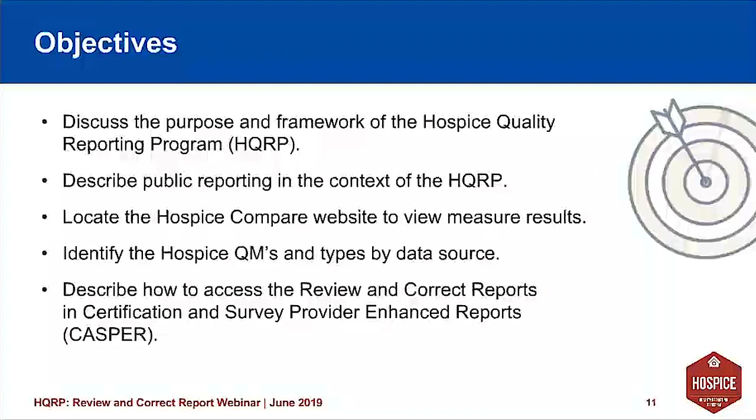The objectives for today's webinar are: discuss the purpose and framework of the Hospice Quality Reporting Program; describe public reporting and the content of the HQRP; locate the Hospice Compare website to view measure results; identify the hospice quality measures and types of data source; describe how to access the review and correct reports and Certification and Survey Provider Enhanced Reports, CASPER.